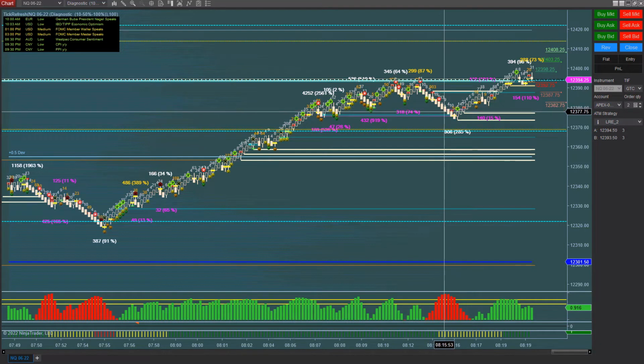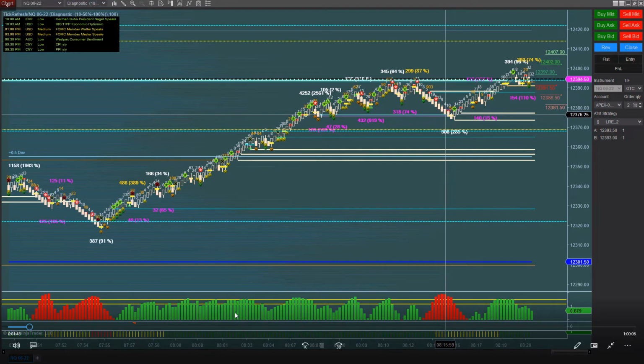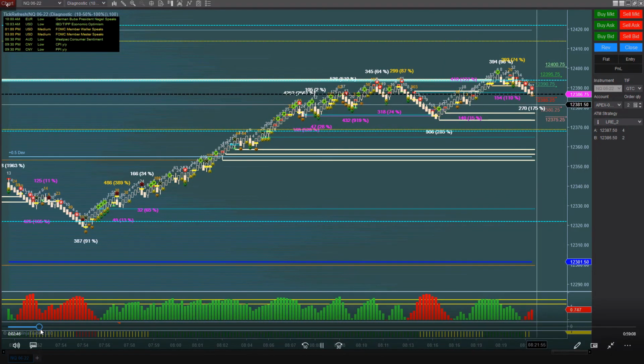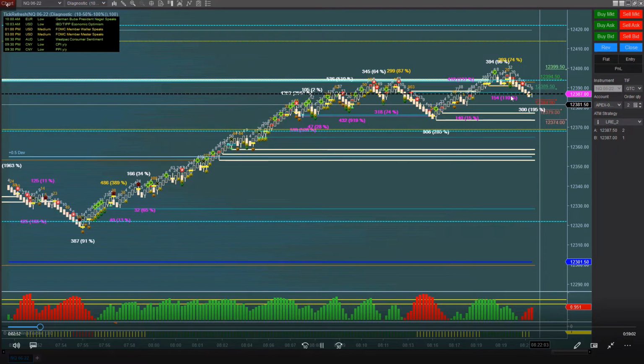All right, so now sitting here waiting. At this point, I'm not really looking for a trade. So let me fast forward it a little bit here. It's pulling back. Now we do have some HD kind of forming here. Well, a little bit, but it's still kind of in this little range zone.